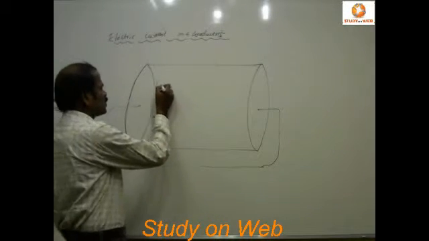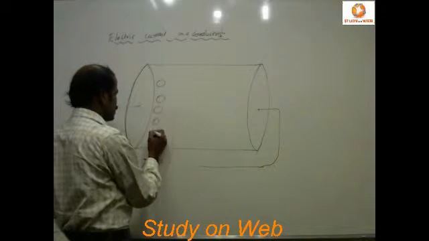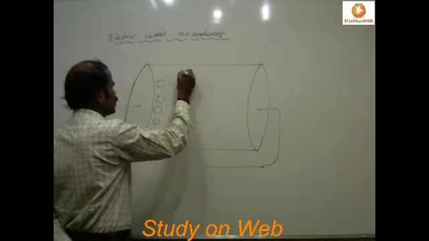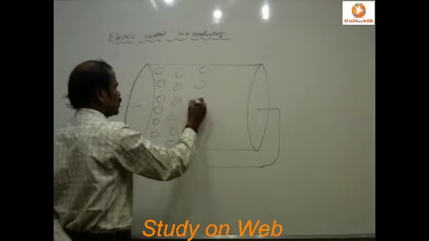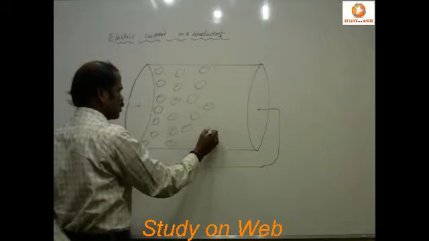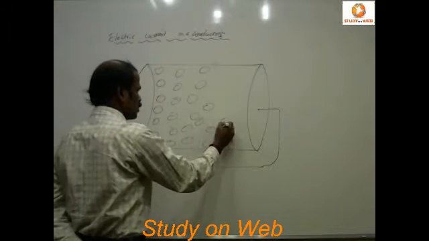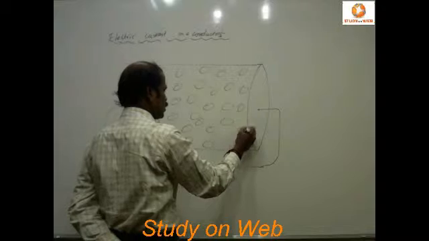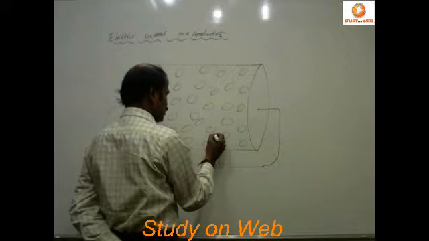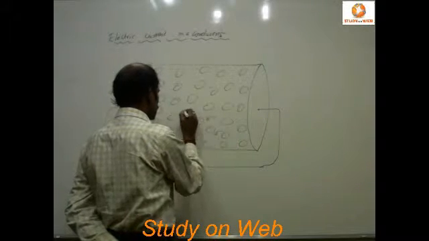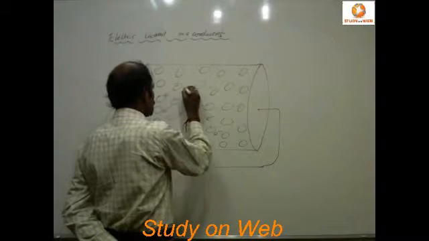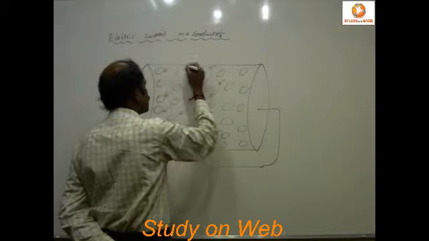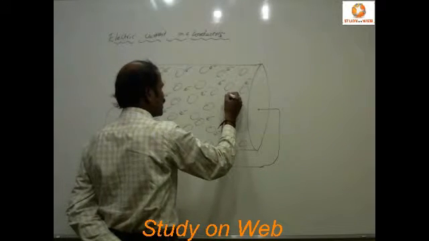Now you know a conductor consists of atoms, which consist of electrons.